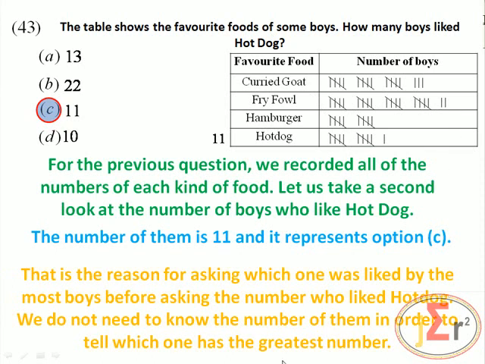Therefore, that is why the question was asked before the one that says how many boys like hot dog, because we did not even need to know how many boys like hot dog in order to tell the one that had the most.